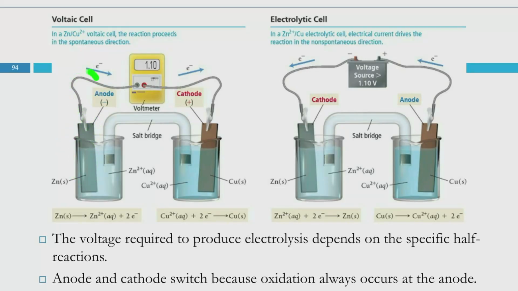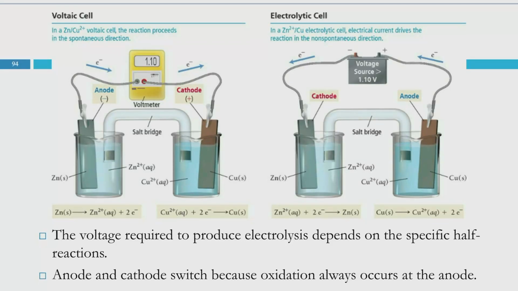Oxidation is losing electrons, it's pushing electrons through the wire. Cathode is where reduction occurs. Reduction is gaining electrons, and so we're adding copper to this copper electrode, copper from solution. So we've got our oxidation, we've got our reduction, and that's for the voltaic cell.